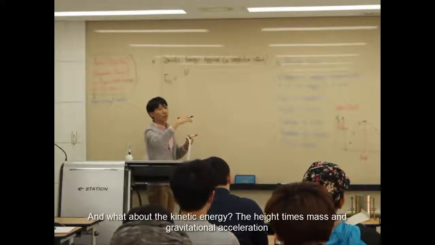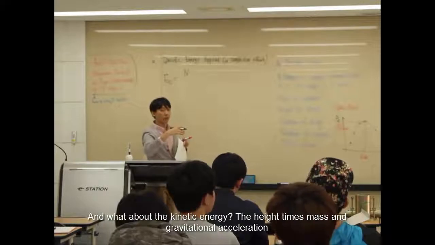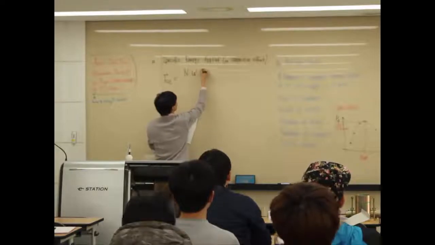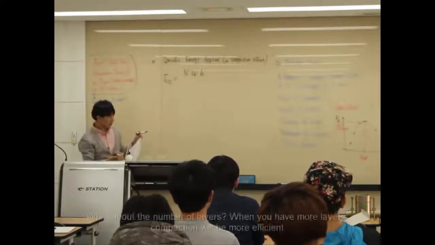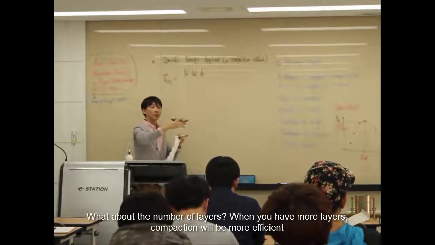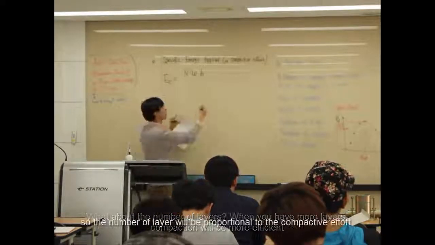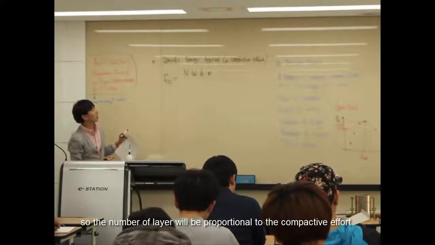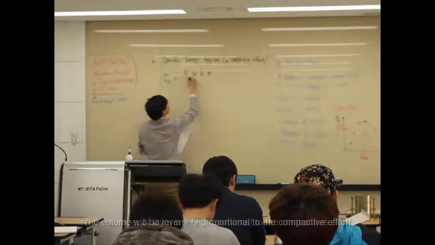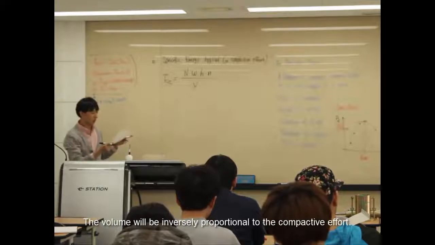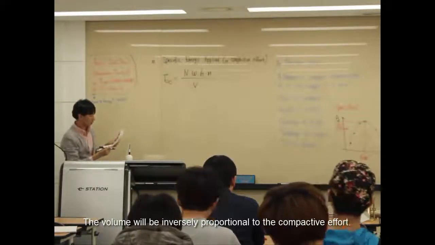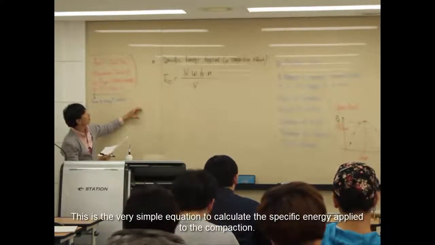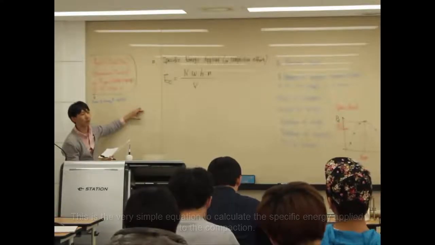It's the height times mass and gravitational acceleration, so the kinetic energy will be the weight W times the height. And what about the number of layers? When you have more layers, compaction will be more efficient. So the number of layers is proportional to the compactive effort, and the volume is inversely proportional to the compactive effort. This is a very simple equation to calculate the specific energy applied to the compaction.